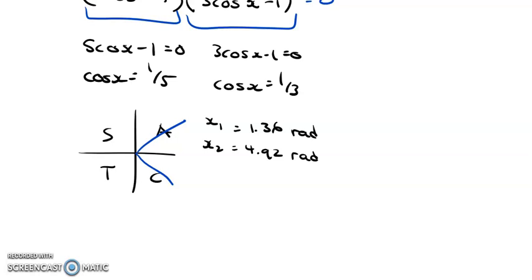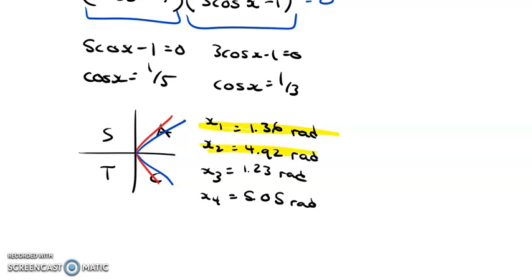And then same thing for cosine x equals 1 over 3. You would find those quadrants, again, quadrants 1 and 4, because cosine is positive, and we would say x3 is equal to 1.23 radians, and x4 is equal to 5.05 radians. And that will be it. Those will be our solutions for this quadratic trigonometric equation.